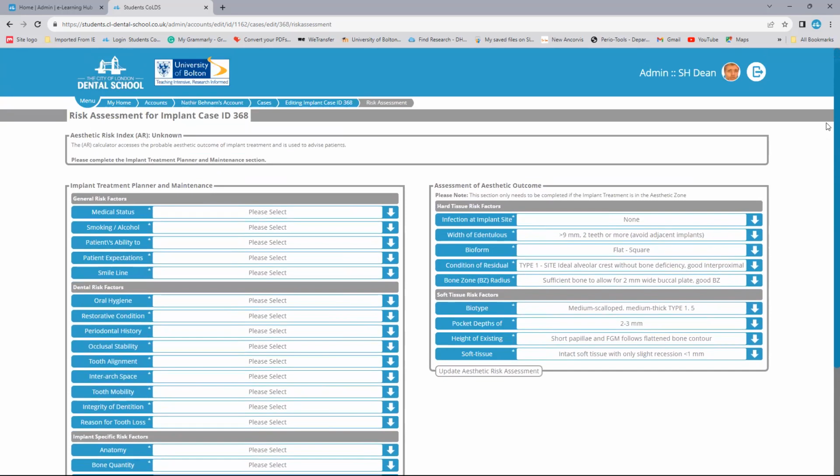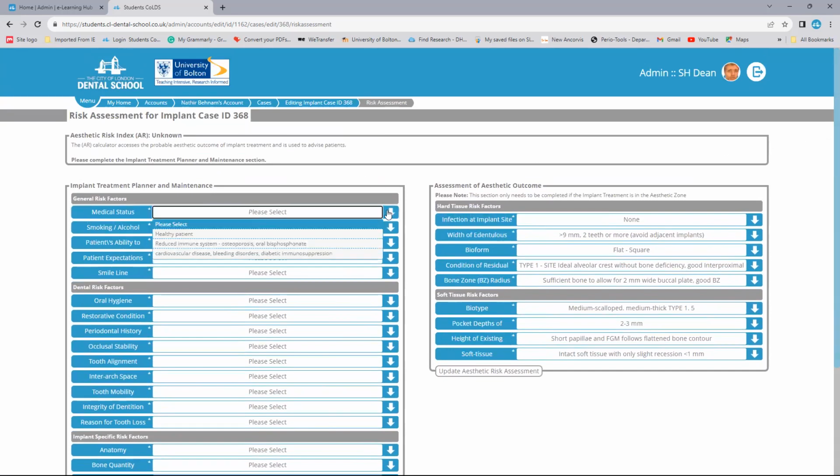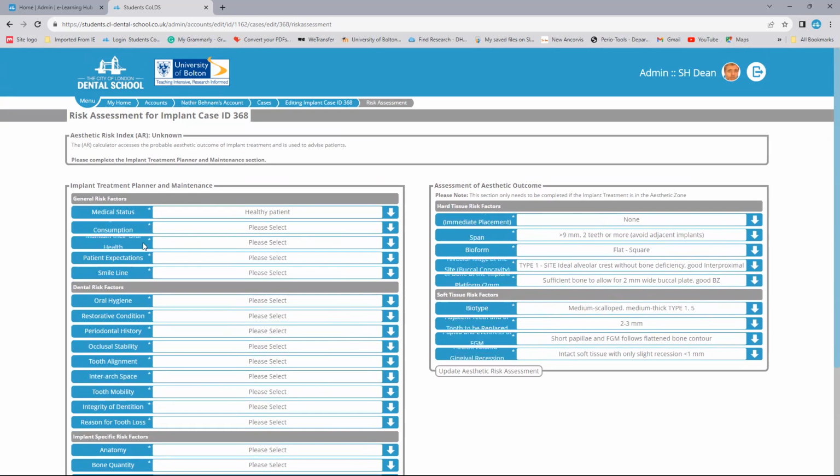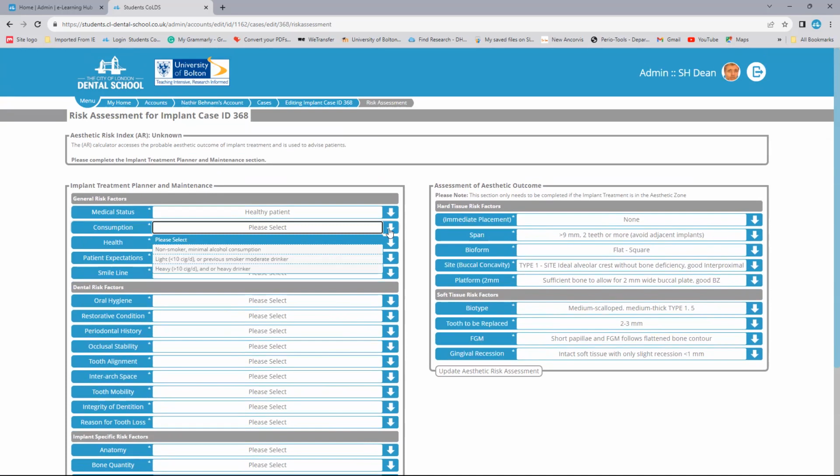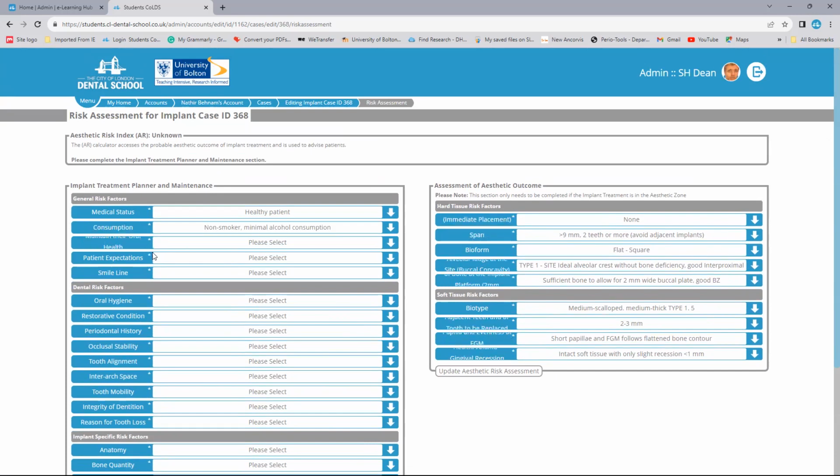So in the risk assessment bit, you've got medical status, right? So he was healthy, wasn't he? Blood pressure, something like that. Pretty well, unless they've got something like cancer or diabetes. What was he smoking like? He doesn't smoke. We've got here patient's ability to maintain their oral hygiene.